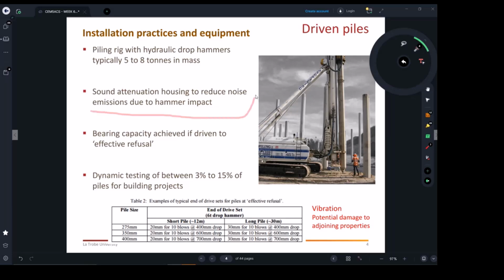The second point here is talking about sound attenuation housing. So sometimes if you have issues with sounds, these equipments come with a kind of housing container, which I may be able to show you next. A housing container which will be close to the ground.